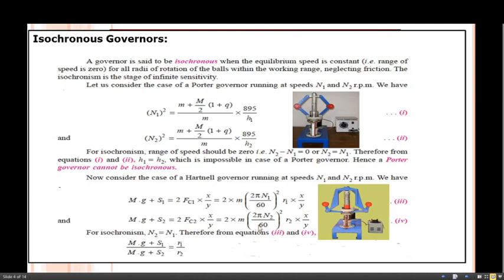So from equation number 3 and equation number 4, divide equation 3 by equation 4, and you can get mg plus s1 divided by mg plus s2 equals this. The 2 gets cancelled, m gets cancelled, all these terms get cancelled, because here we consider n1 equals n2 for isochronism. So only the r1 and r2 part will remain here.